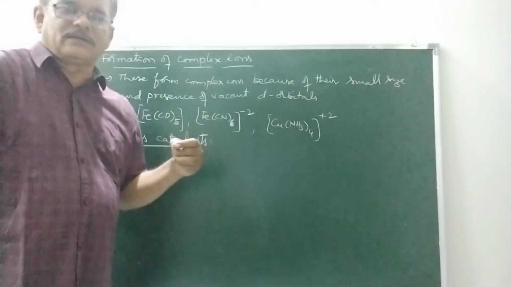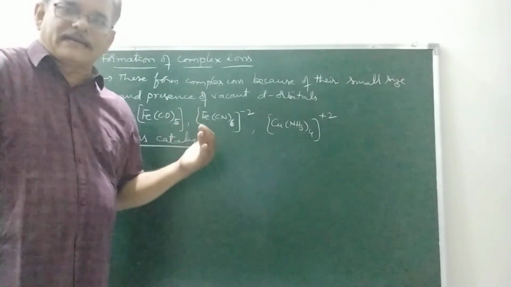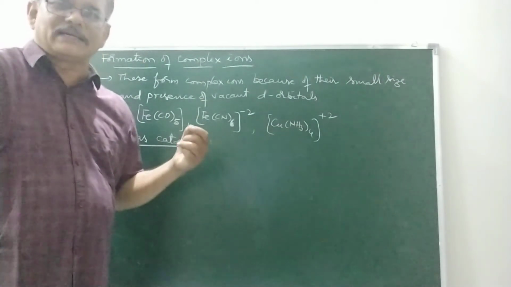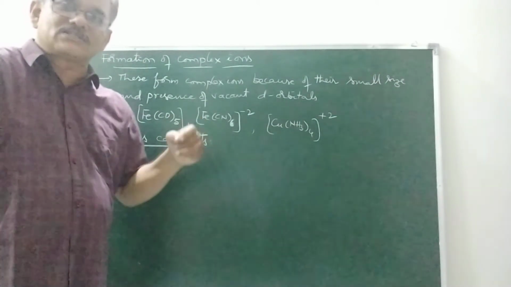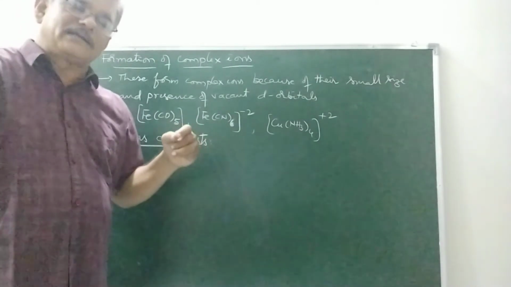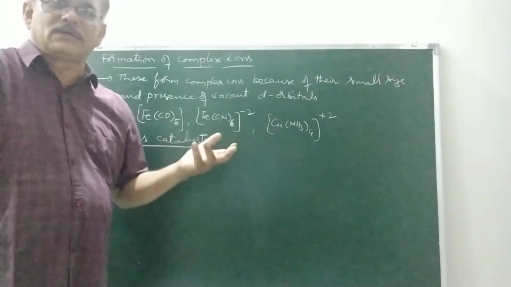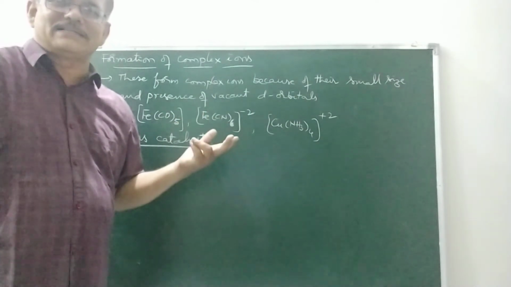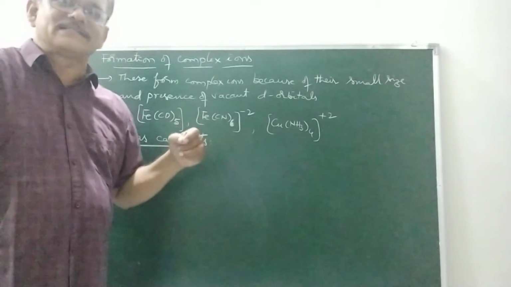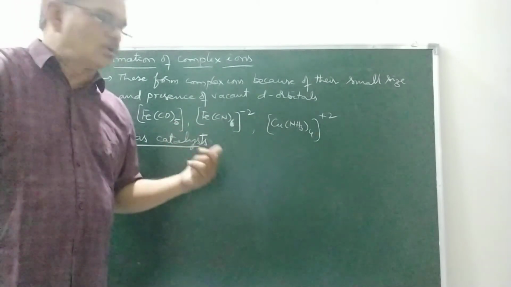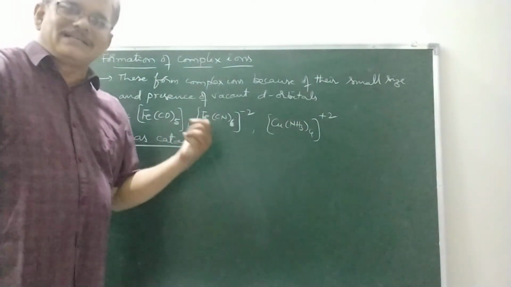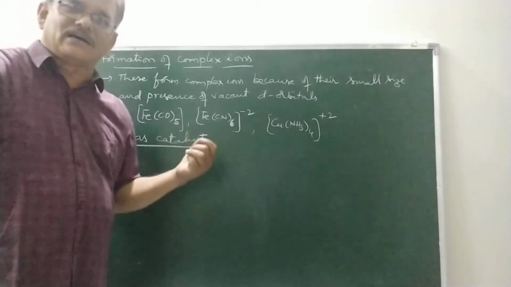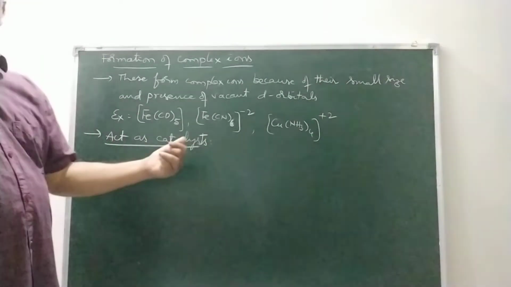That is the reason. So in heterogeneous catalysis, we take solid as the catalyst, and the catalytic property of powdered solid will be more. When it is made into powder, then its surface area increases and active sites for adsorption also increase. So these active sites and a large surface area are provided by d block elements.